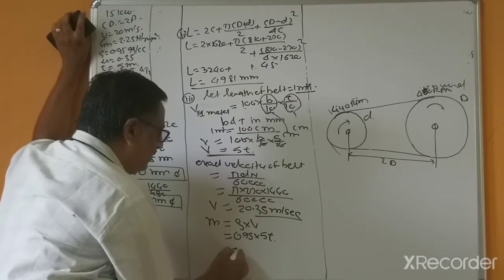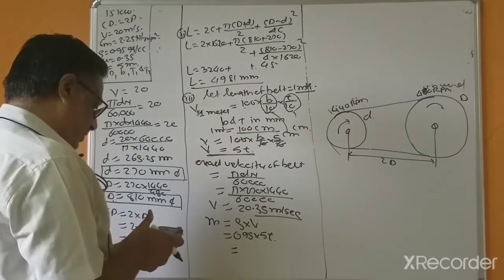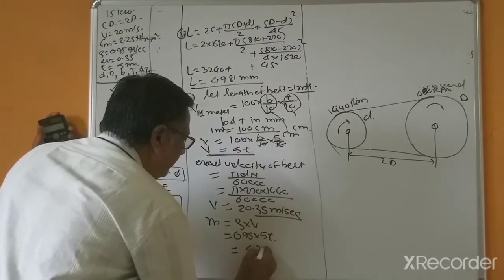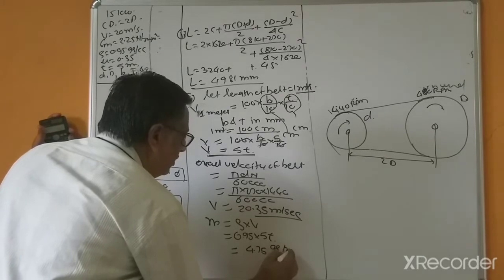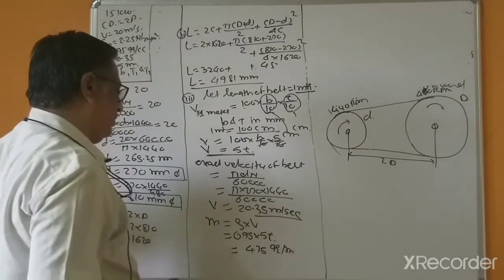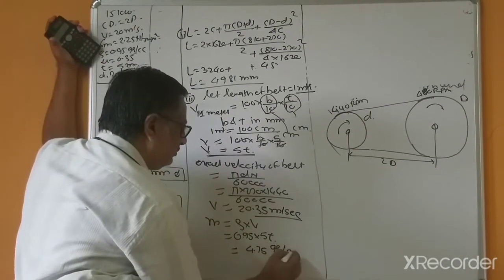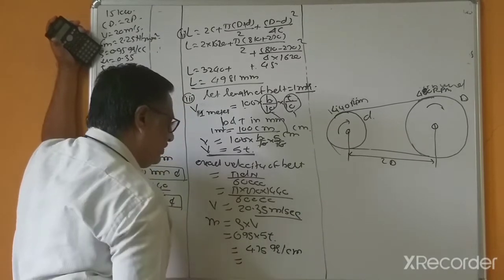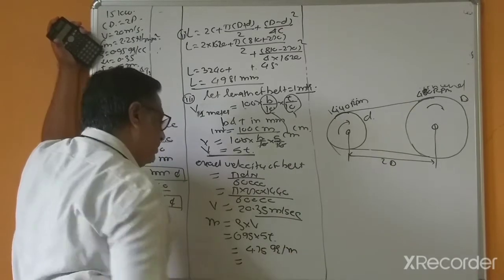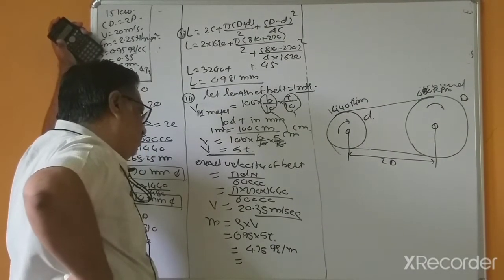So this is 0.95 multiplied by 5, 4.75 gram per centimeter, so that's gram per meter.